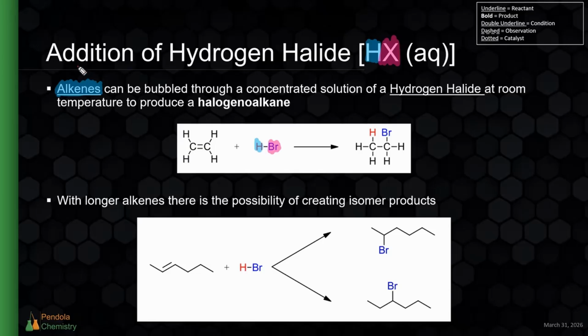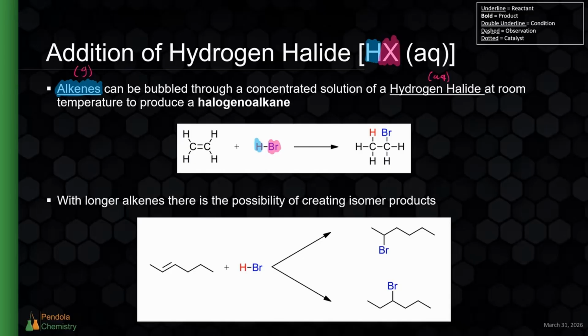So we're going to grab this alkene in the gas form, and we're going to bubble it through a concentrated solution of hydrogen halide, meaning that this hydrogen halide is aqueous but concentrated. And that's very important. We need the hydrogen halide to be aqueous because the different hydrogen halides are all gases at room temperature. And this reaction will be very hard to do without water.